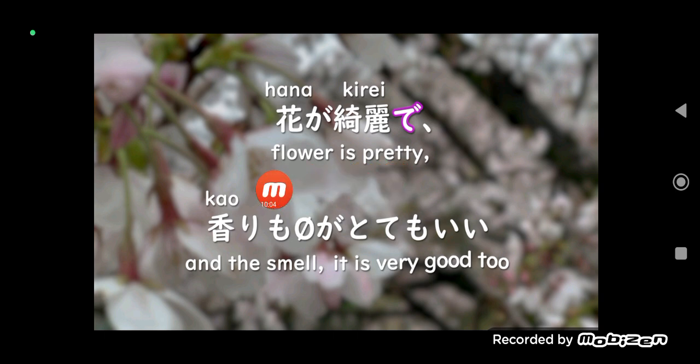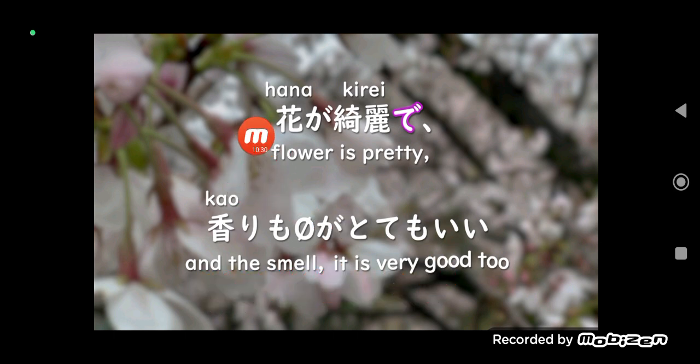Hana ga kirei de. Kaori mo ga totemo ii. So as you can see, this whole thing is a compound sentence, and it is composed of two mini sentences. Hana ga kirei de. Kaori mo ga totemo ii. And the smell, it is very good too.